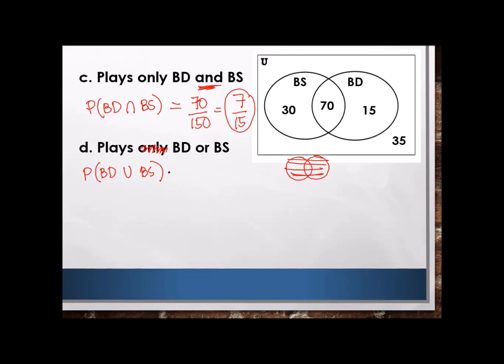Ilan lahat yan? So, that is 30 plus 70 plus 15 all over 150. Ilan lahat yon? 115 over 150. Ano ang lowest term? So, that is equivalent with 23 over 30.